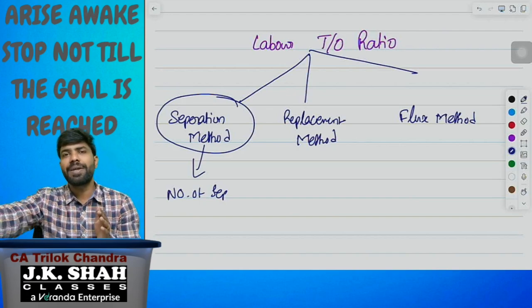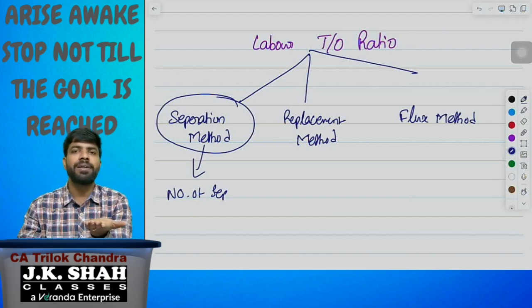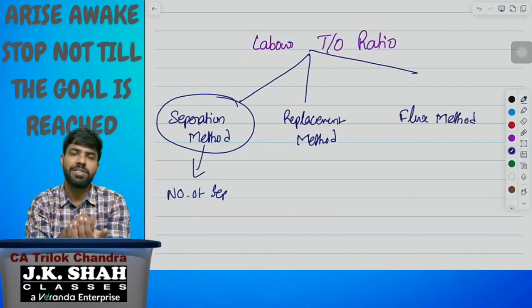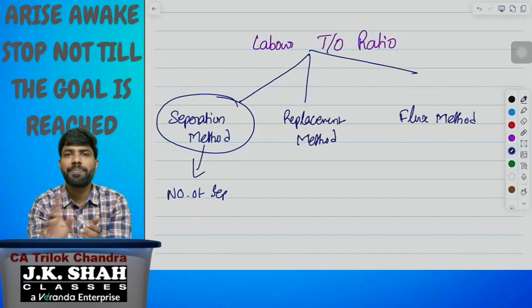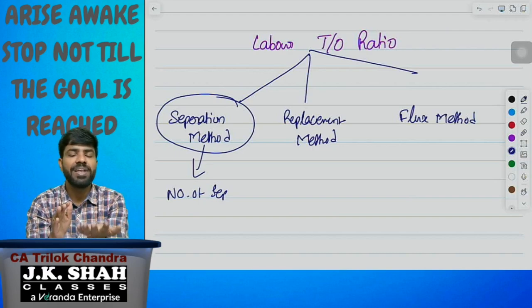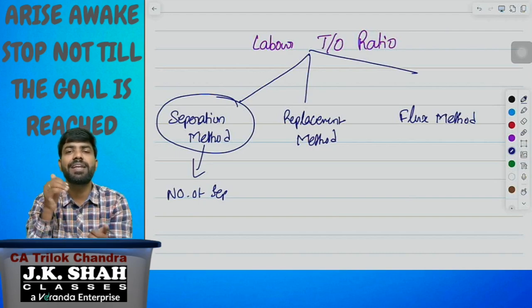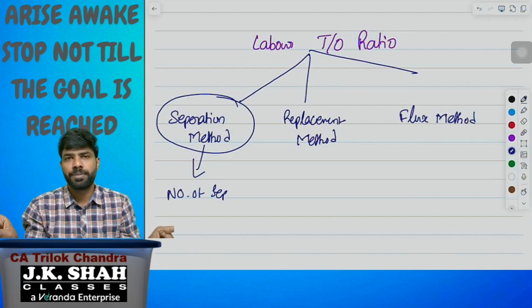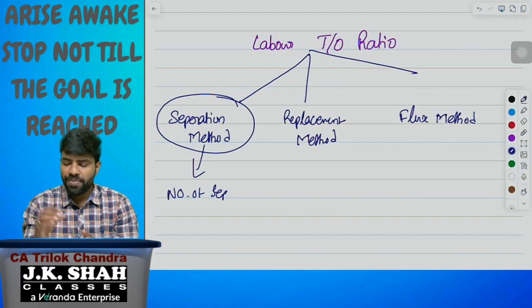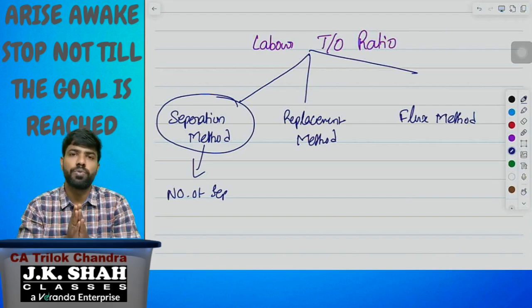Replacement: after separation, whatever vacancy is created, replacing the employees is called replacement. New joinings will not form part of the replacement. It is just filling the vacancies. All of you clear? Flux method is the average of these two.